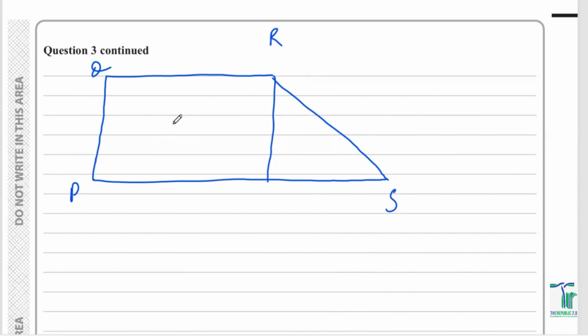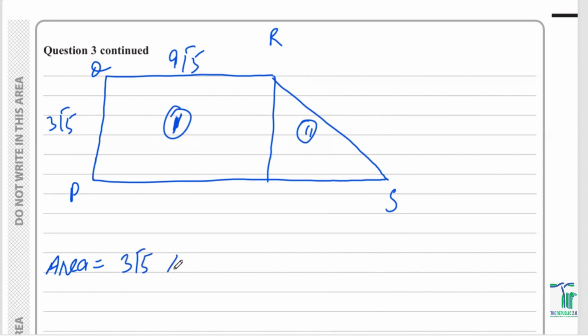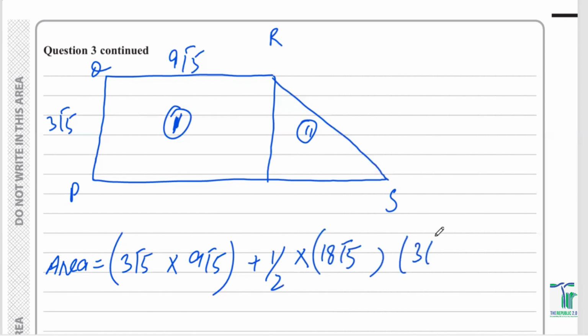So first of all, just get yourself the area of this shape. You already know PQ was 3 root of 5 and QR was 9 root of 5, right? Then get the area of this triangle and just add them up, and you'll get the total area. So the area would be 3 root of 5 times 9 root of 5, plus half of base, the distance between S and this thingy, which was something like 18 root of 5, times 3 root of 5.